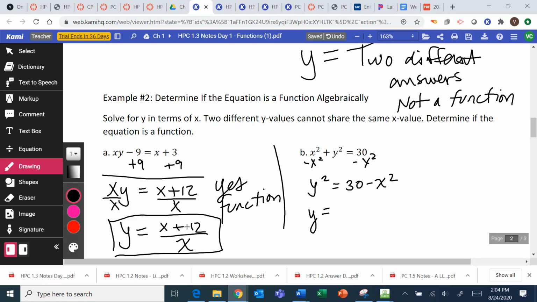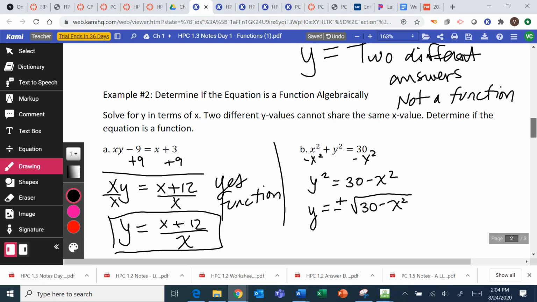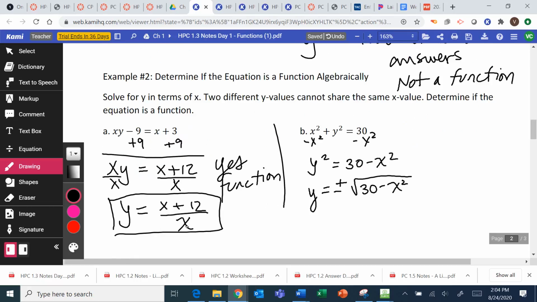Plus minus, thank you. So if you're going to square root, you got to also put in that plus minus. You cannot simplify the square root of 30 minus x squared. That's exactly what you'd write. But here, because I am getting a positive answer or a negative answer, that's giving me 2 different ones. So this would not be a function because of that plus minus.